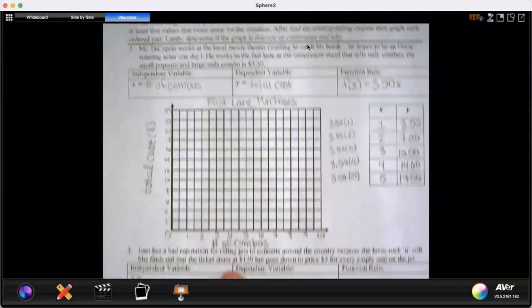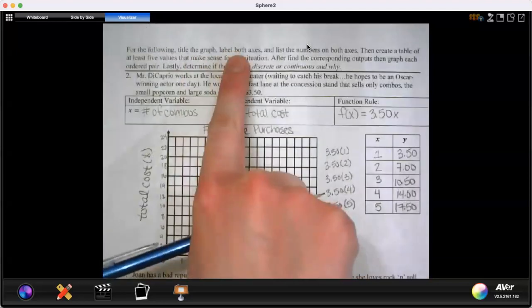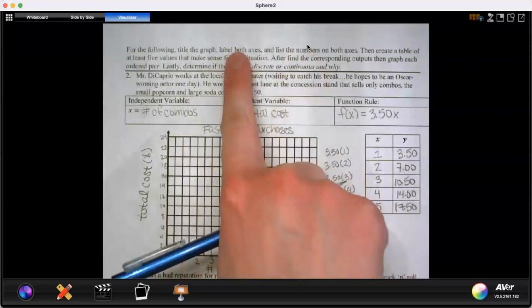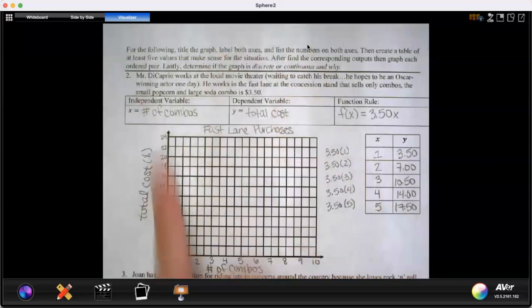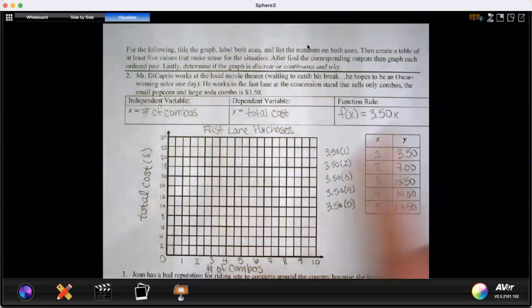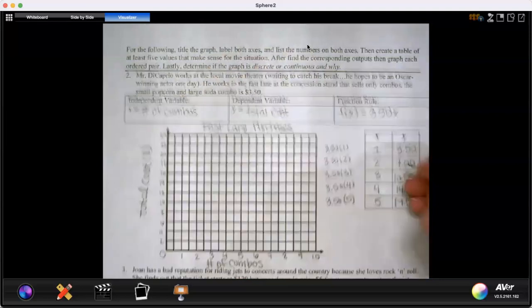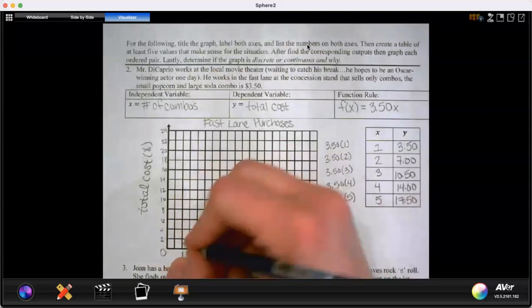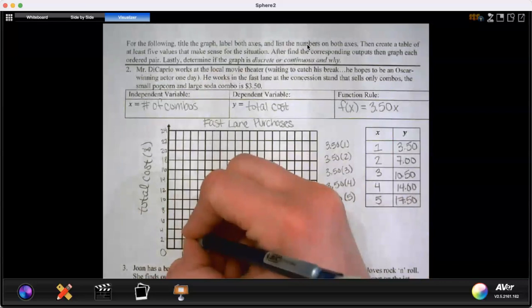So I've titled my graph, labeled the axes, listed numbers on the axes, and created my table. Now I need to plot my points. At 1 combo, we spent 3.50, so I'm going to approximate 3.50.